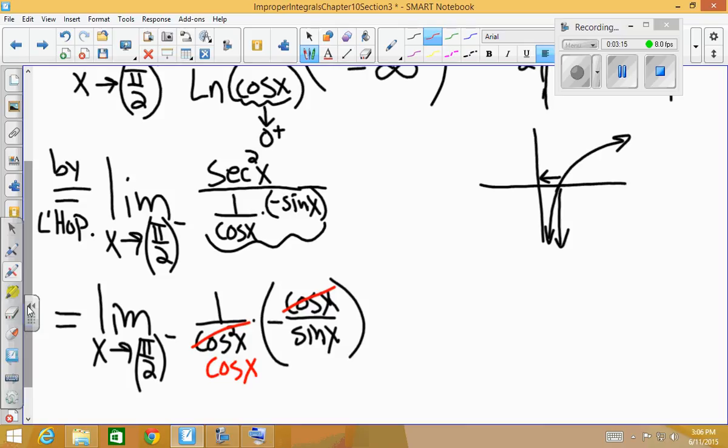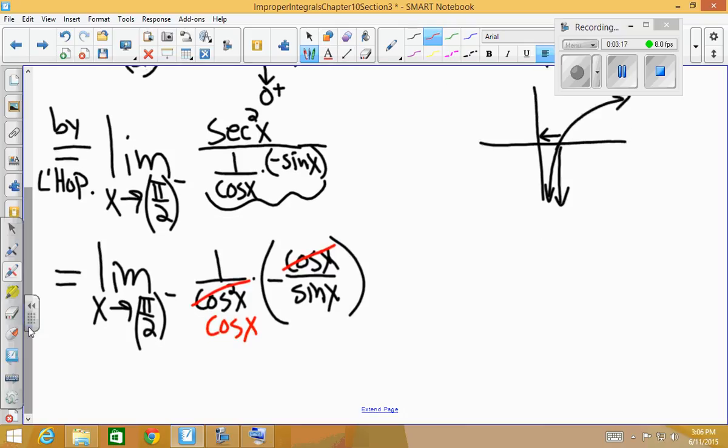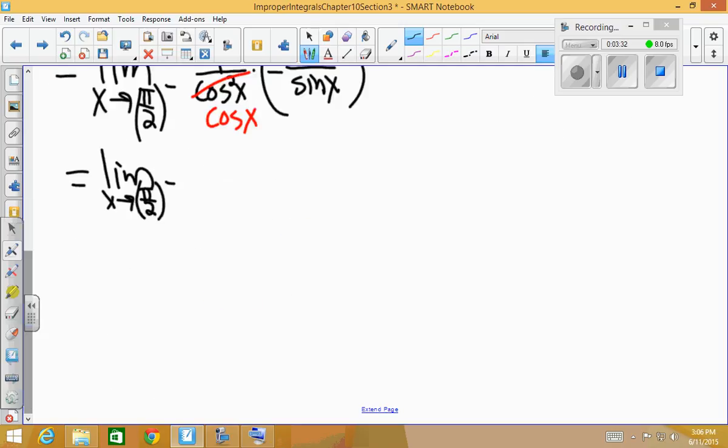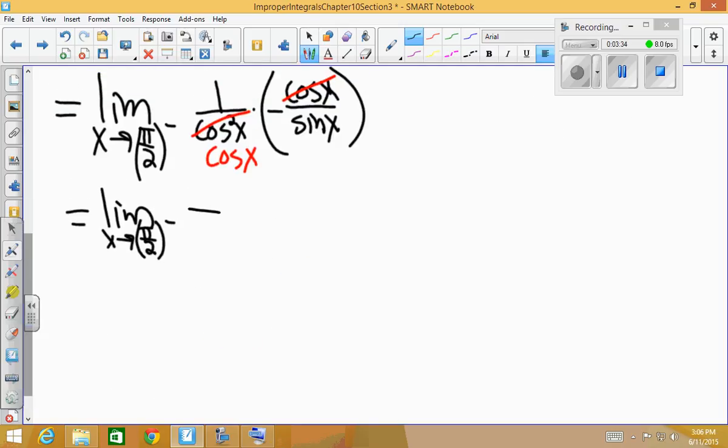So in fact, we have the limit as x approaches pi over 2 from the left. Negative 1 over the cosine of x is secant of x, times 1 over sine of x is cosecant of x.